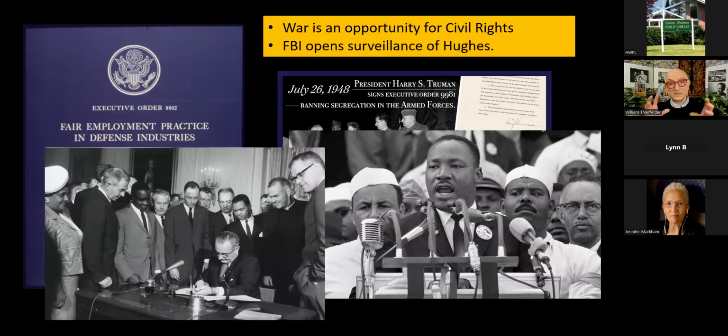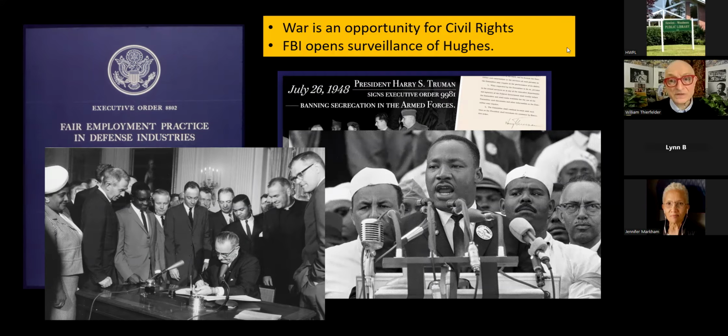It really wasn't until these three events that you began to see some kind of a change. But for Hughes, the Second War became an opportunity for civil rights activism. But the end result of this activism was the FBI opening an ongoing surveillance of Hughes, which, by the way, amounted by the time of his death to hundreds and hundreds of pages.